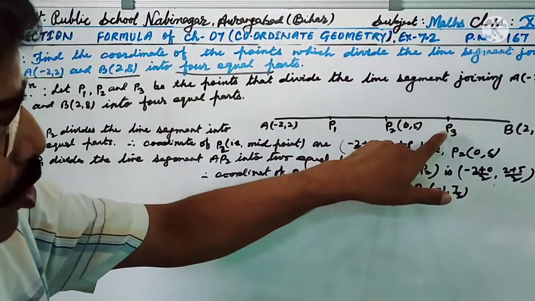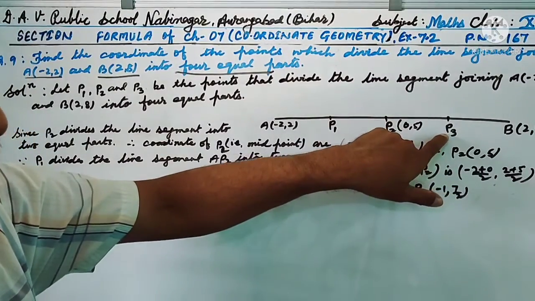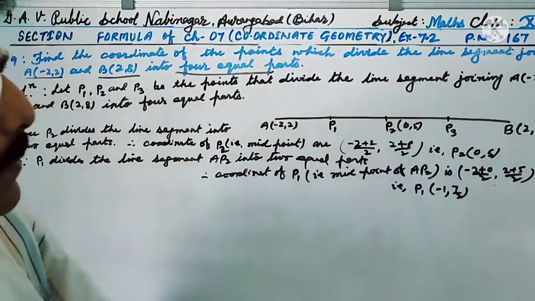Similarly, the coordinate of point P3 is the midpoint of P2B.